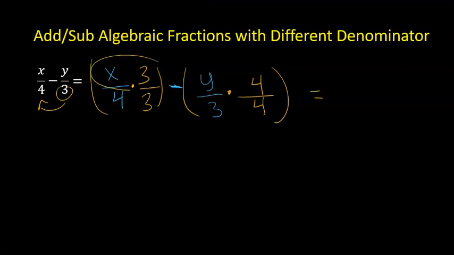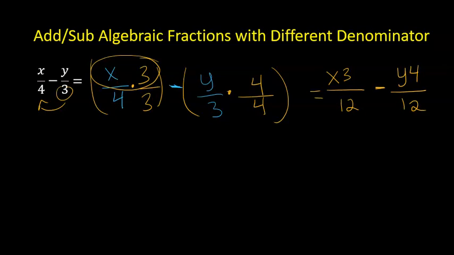Great. So what does that give me? Let's go ahead and put them together. I have X and 3, and then I have 12 in the bottom. And then I have the negative sign because it gave me negative, and then I have that Y and that 4, right? And I got 12. Great. So I have the same base.